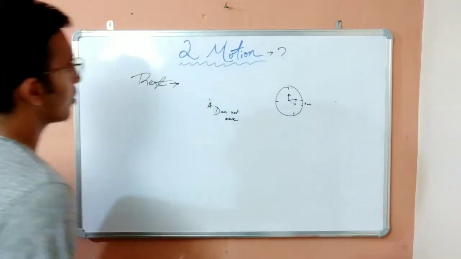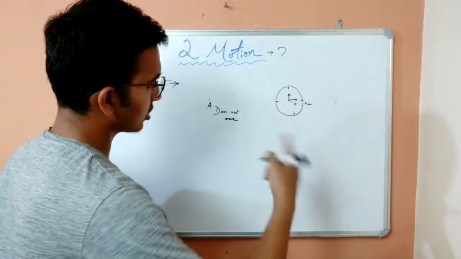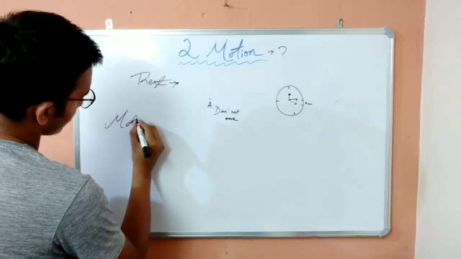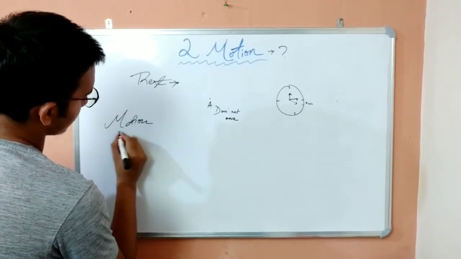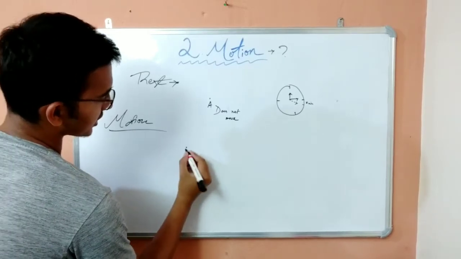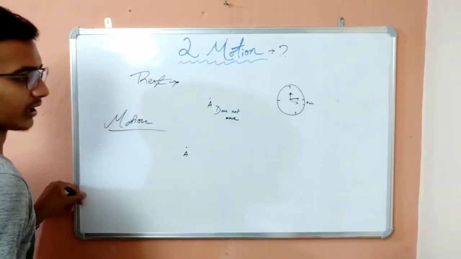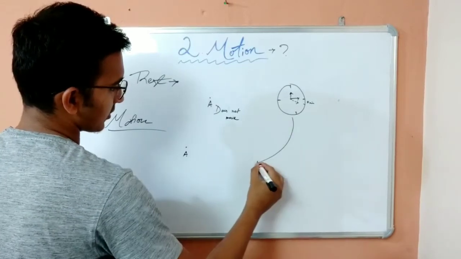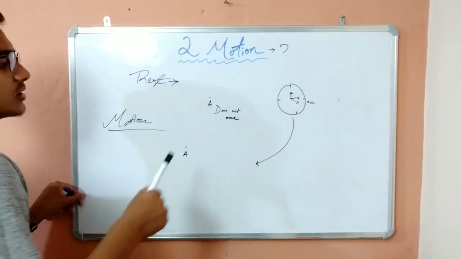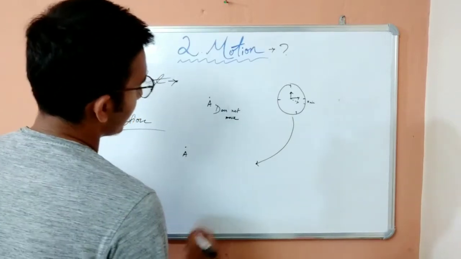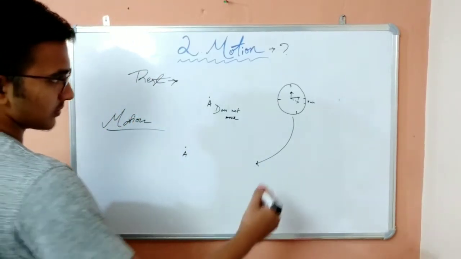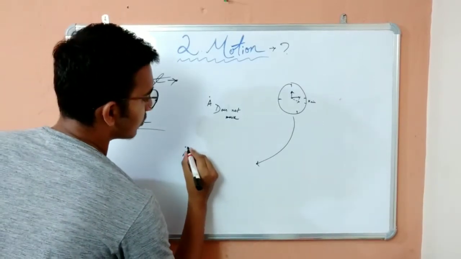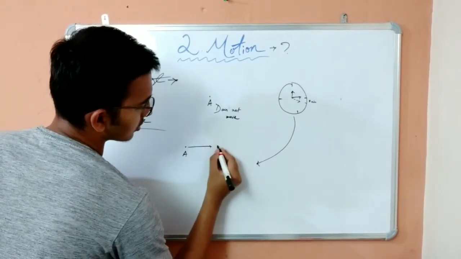So now, what is motion? Motion is just the opposite of rest. Now suppose there is an object A. The same clock is over here, the clock is running for this one also. Now after some time, suppose after 5 minutes, this object A has moved from this position to this position.